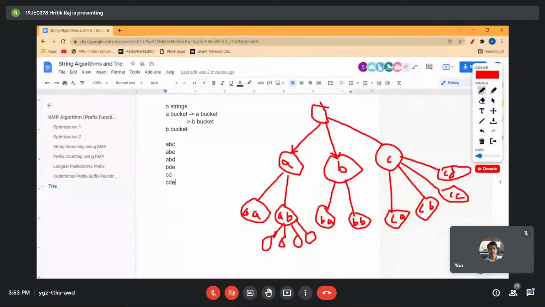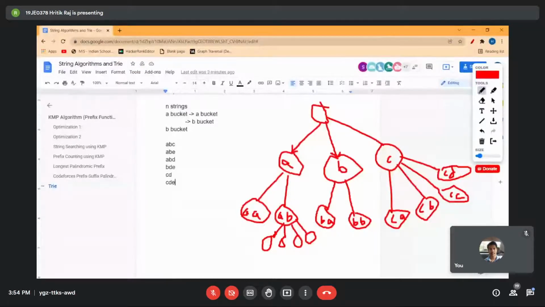Okay. Now, how many nodes will be required to represent this graph? At max, n m nodes would be required.